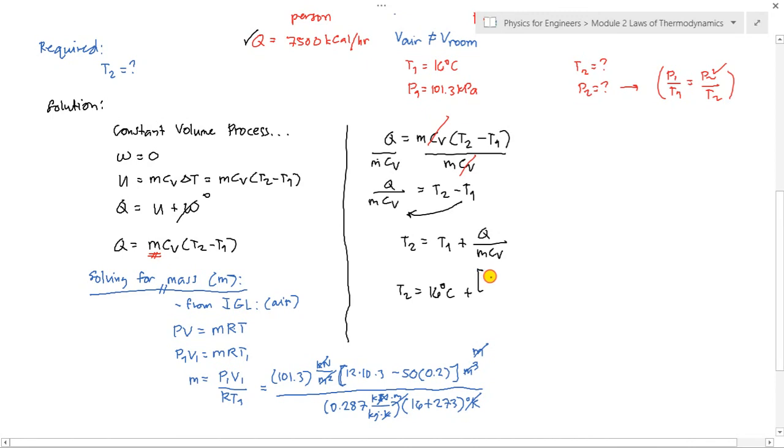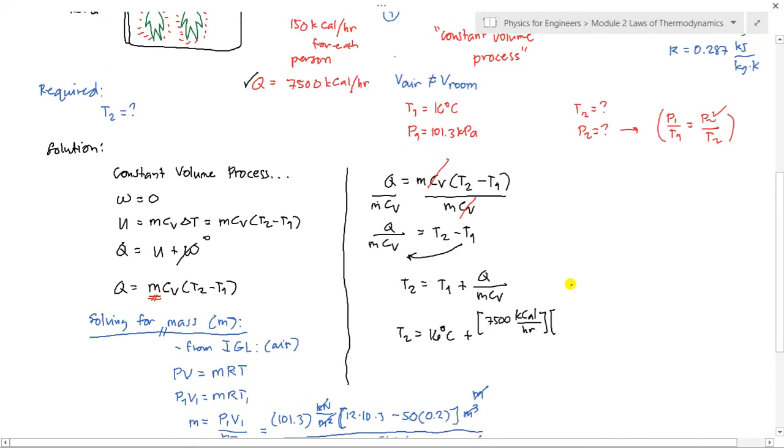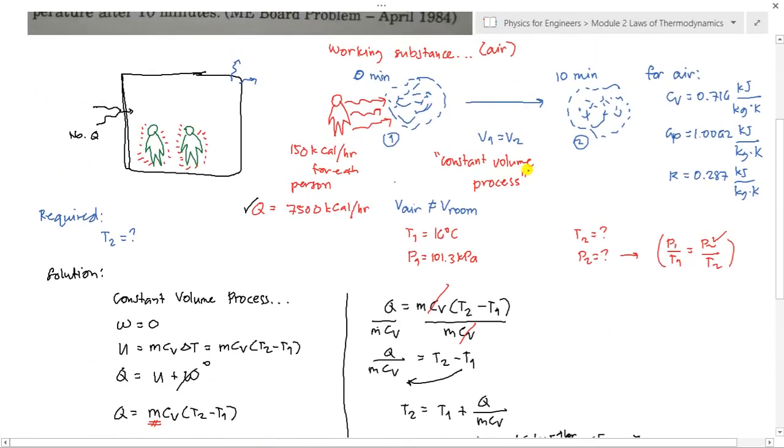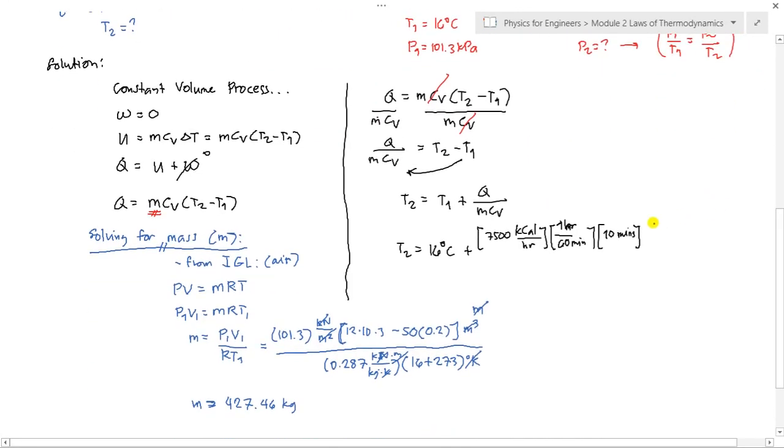So we have 7,500 kilocalorie per hour, and since this is 10 minutes, 1 hour is 60 minutes, and we multiply by 10 minutes. Then 1 kilocalorie is equals to 4.187 kilojoules. That is the conversion.